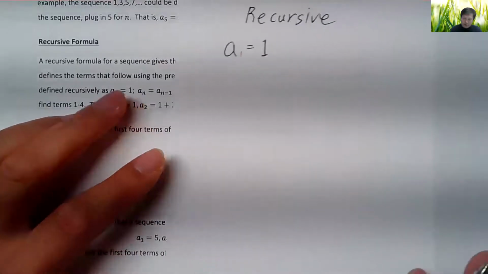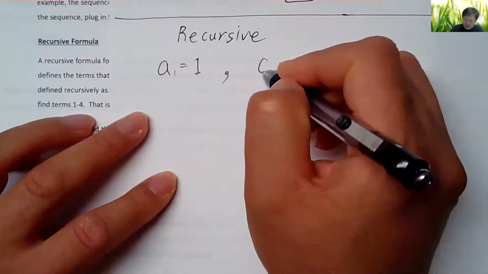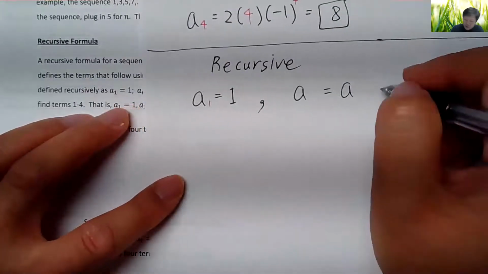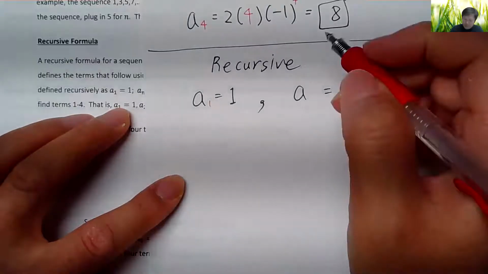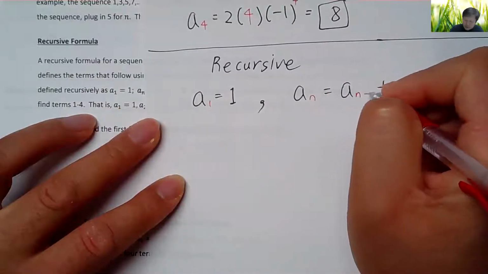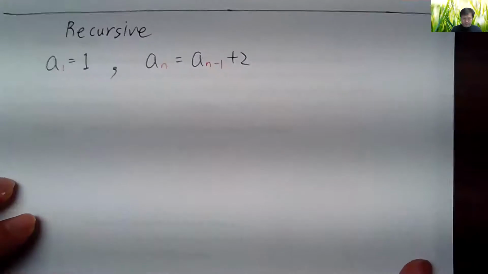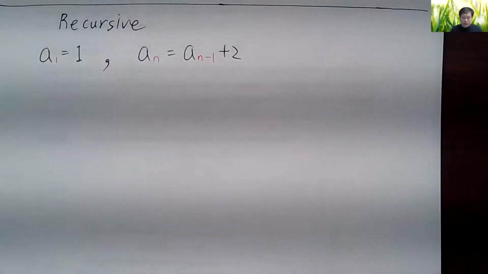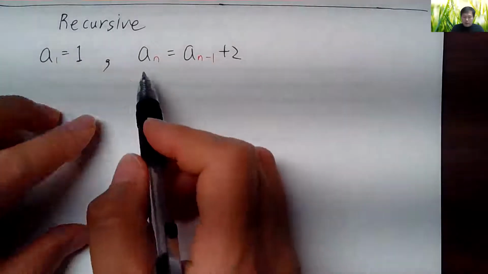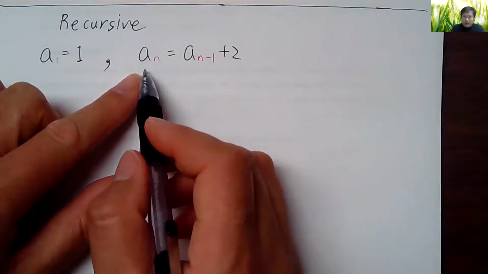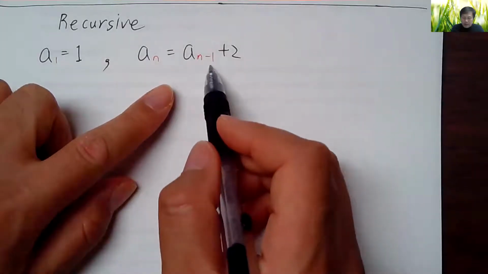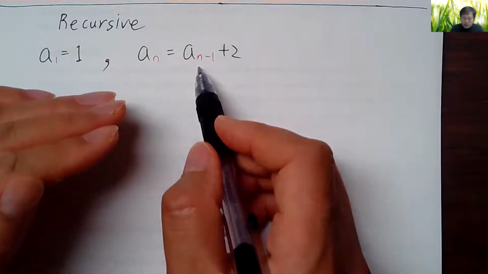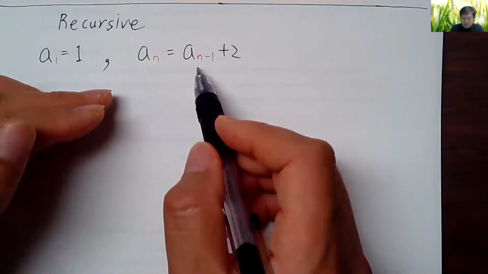Then also they gave you a sub n equal to a sub n minus 1 plus 2. So it's important for you to understand what this represents. A sub n means nth term. A sub n minus 1 means n minus 1 term, meaning previous term of this term.